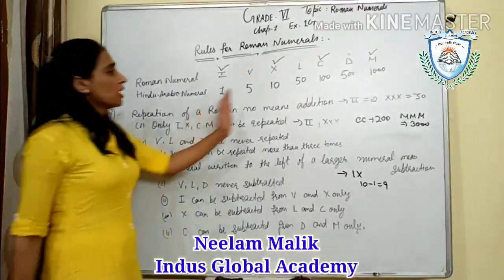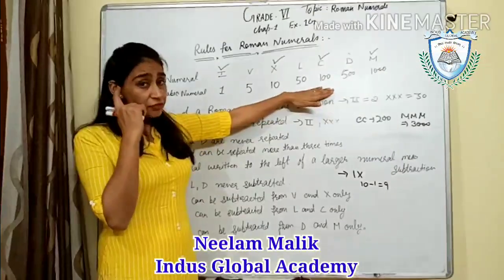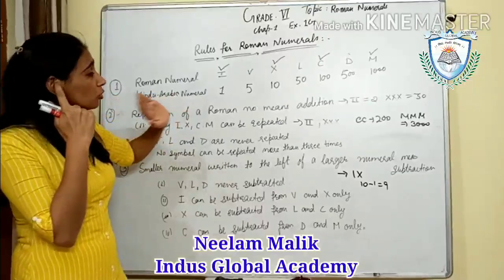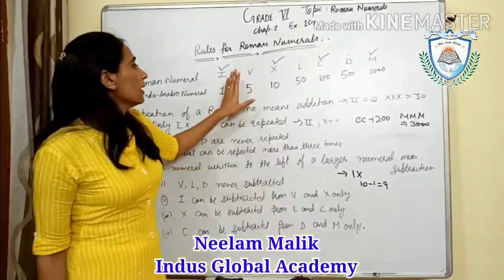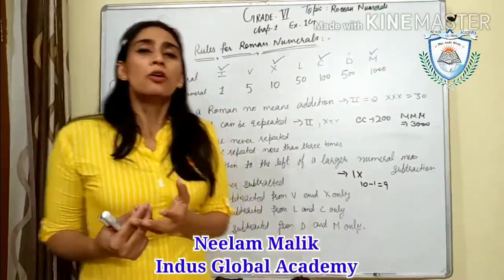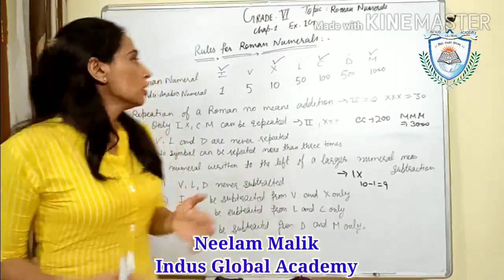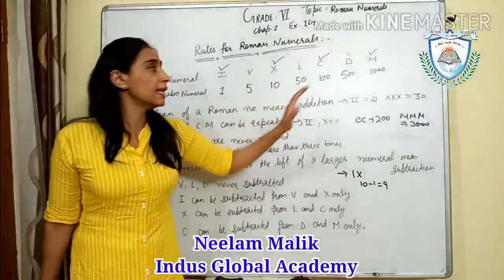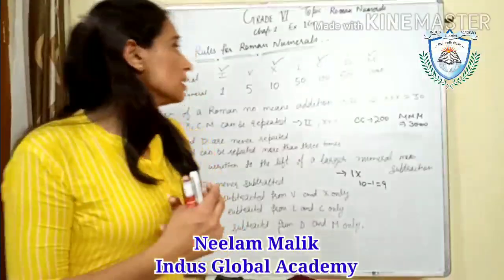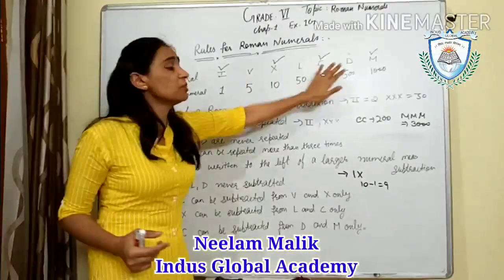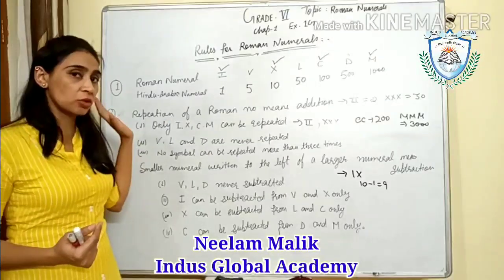First we have to learn these values. After that, we must know this repetition means addition of the value, and we are just repeating 4 symbols: I, X, C and M. The remaining 3, V, L and D, we will not repeat, and we will not use those symbols on the left hand side in subtraction either.